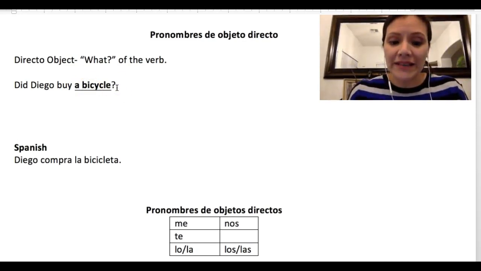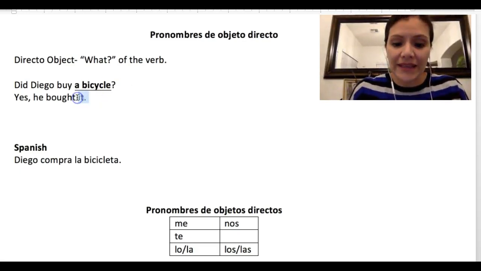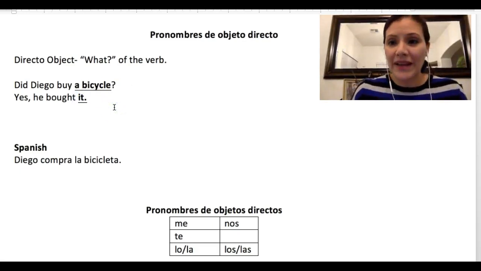I would probably answer, yes, he bought it. It is now replacing the bicycle so that we don't have to repeat the same direct object. It would sound redundant if we said, yes, he bought the bicycle. We default into the simplified form, yes, he bought it.